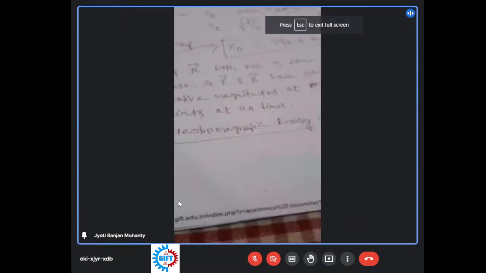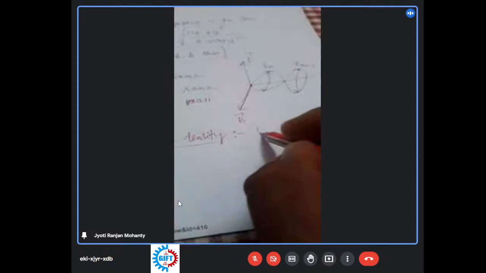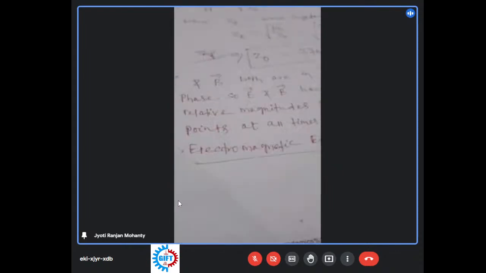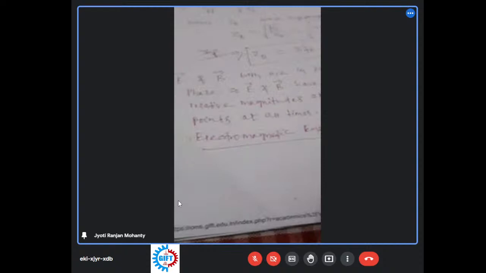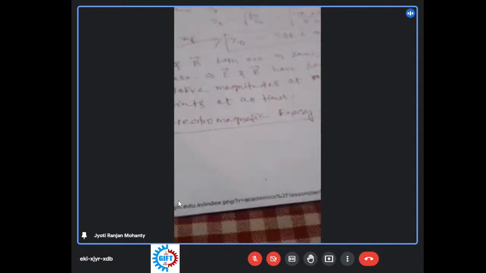Now we have to find the electromagnetic energy density, which is defined as electromagnetic energy per unit volume.